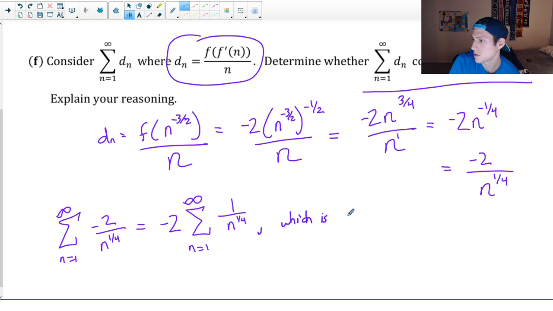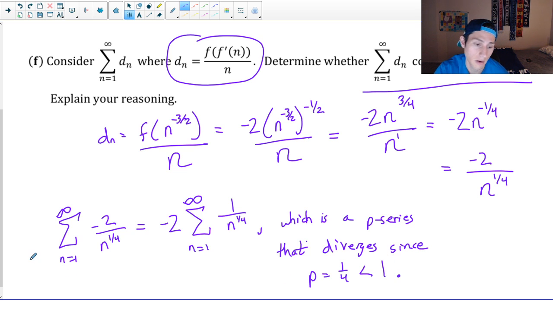We look at the exponent, n to the 1/4 power. So this diverges since p is 1/4, which is less than 1. Remember, in a p-series, anything that's less than or equal to 1 will diverge. If it's greater than 1, it will converge.